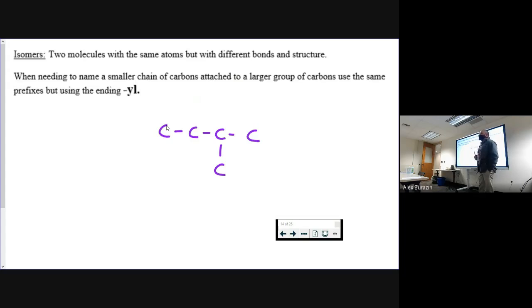But now here's the next question. Where is that methyl group located? Because it could be here, it could be there. It can't be on either of the ends, because if it was on the end, then I would just have 5 carbons in a row, and that's just pentane. But how do I know whether the carbon is here or there?